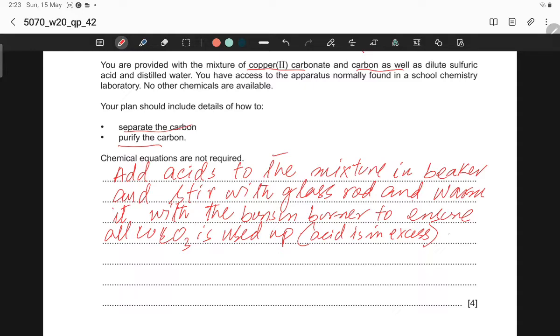And to ensure this, continue until no more bubbling.